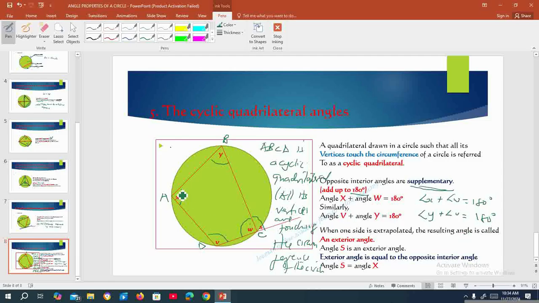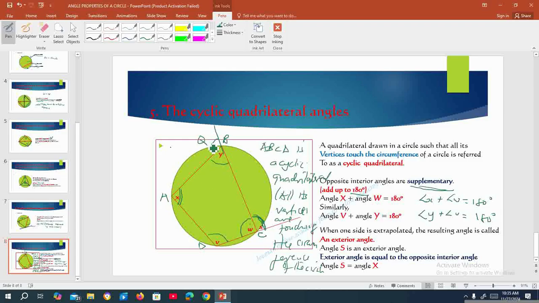Now, angle X is the opposite interior angle to the exterior angle S. And how do we get angle S? By extrapolating any line of the cyclic quadrilateral. If we extrapolate that one, we'll end up with another angle here.